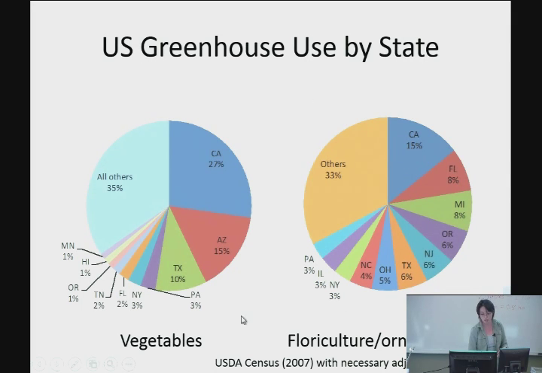If you look at the floriculture ornamental, up to recently, it's basically distributed all over the states. Maybe because the products are perishable, so you can't ship from California easily to the East Coast, like mums and flowering plants. But things are changing right now.